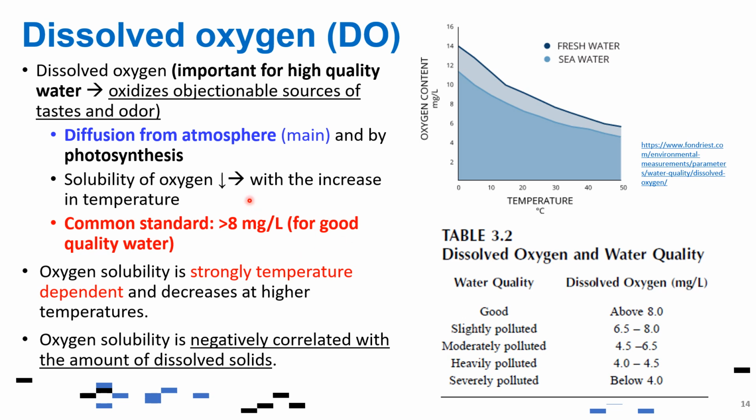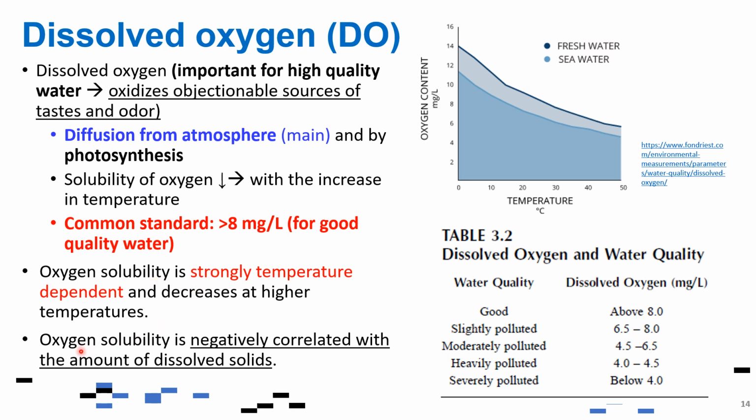In terms of the relationship between the solubility of oxygen and temperature, as I've mentioned before, it is strongly temperature dependent. So at a higher temperature, the oxygen solubility decreases. At lower temperature, the oxygen solubility increases. So that's why at cooler temperature, there is more oxygen in the water in the form of dissolved oxygen.